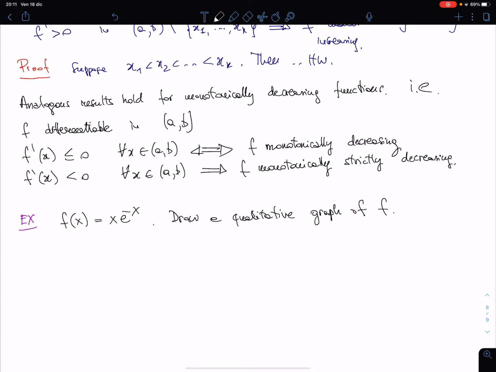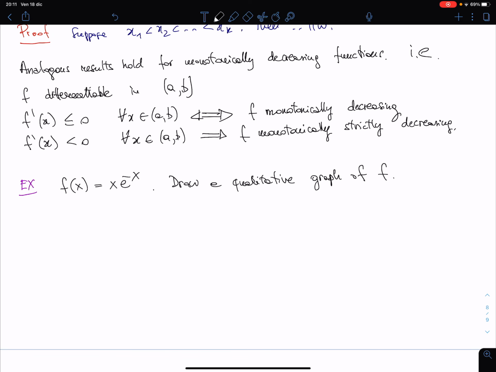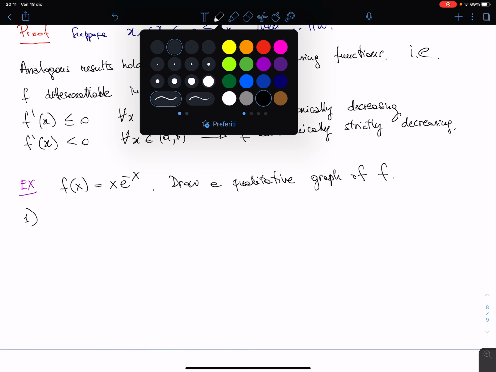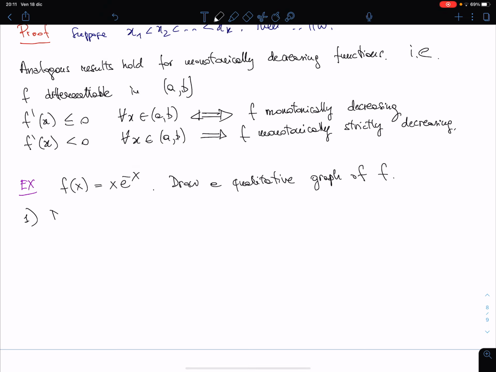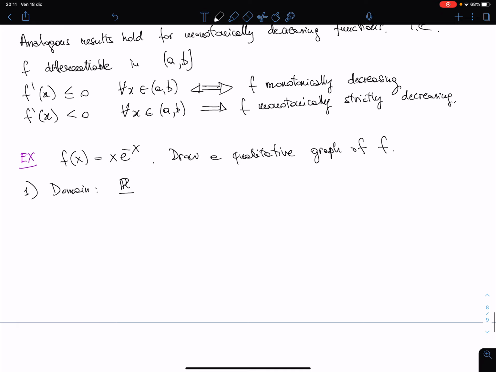So first you have to find the domain. You have to write the domain, and the domain is R. Second, the limits at the boundary of the domain.